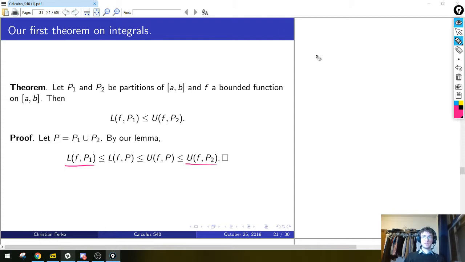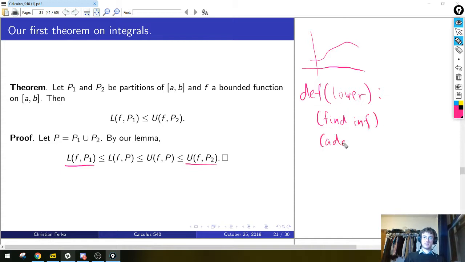This is very much like in Python. If you're writing a big programming project, and you know there's going to be some reusable feature, like when you find the lower and upper sums, you wouldn't define a function lower sum, and then in that function write some code to find the infimum, add them up, and then return L. That would be very bad programming, because this step of finding the infimum is highly reusable.